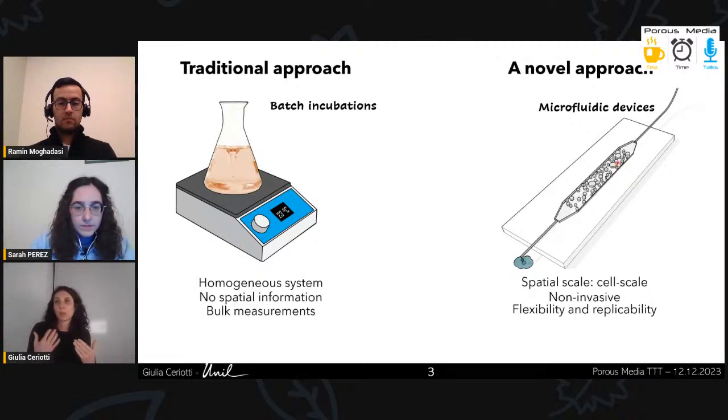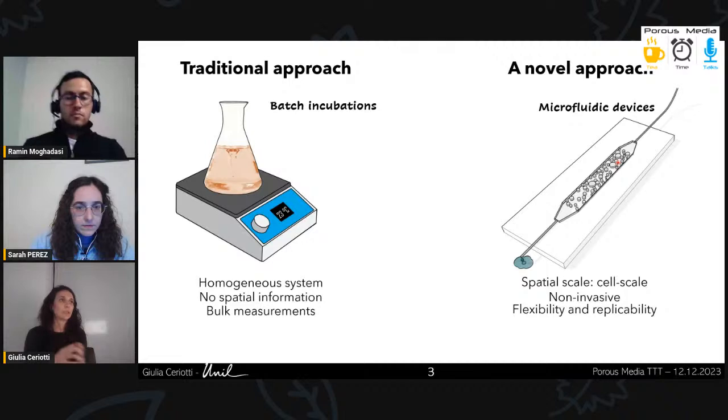This means that I can observe what's happening inside my pore structure in real time and in a non-invasive way. And I can replicate my system as many times as I want. So microfluidics devices are now used a lot to study biophysical processes, for example, how bacteria organize in space, how they respond to gradients, or how they move in space. However, what we still miss now is the geochemical characterization of the system.